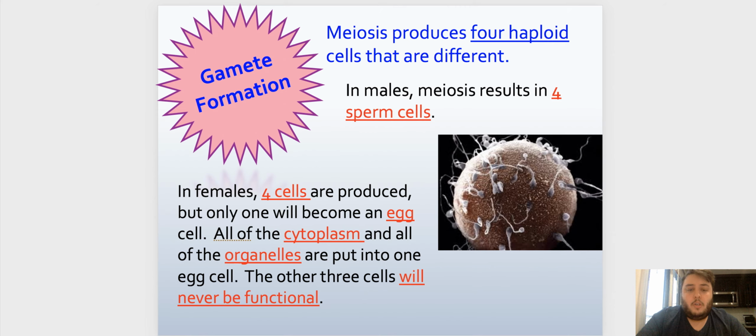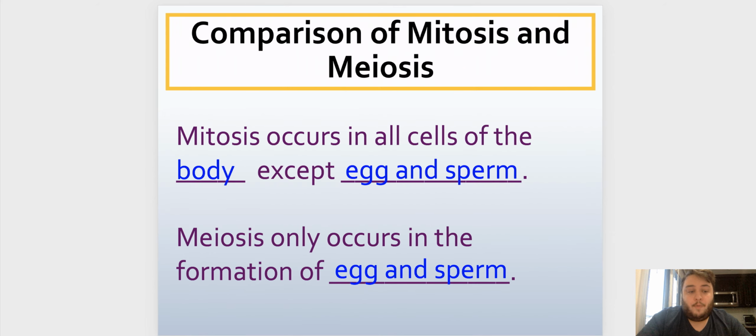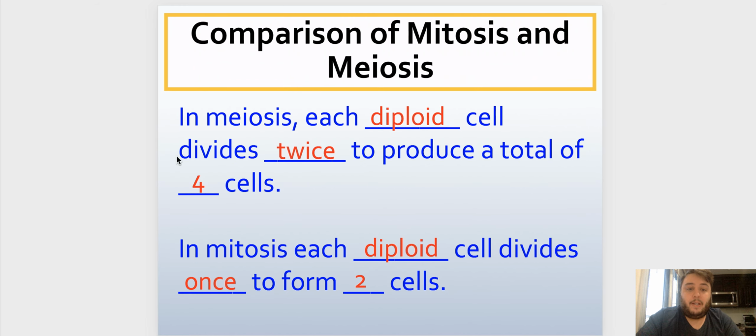Okay? So we're going to finish off with a quick comparison of mitosis and meiosis. Mitosis occurs in all cells of the body except for the egg and sperm, while meiosis only occurs in egg and sperm. One big difference. Another big difference. In meiosis, each diploid cell divides twice to produce a total of 4 cells.